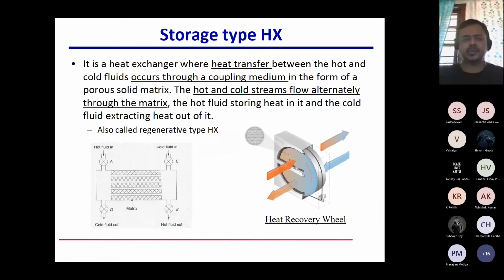The second type is called a storage type heat exchanger. Now, what is the difference? In the previous case, in the direct transfer type, we said that the hot and cold fluids move simultaneously. In the storage type, it doesn't move simultaneously.